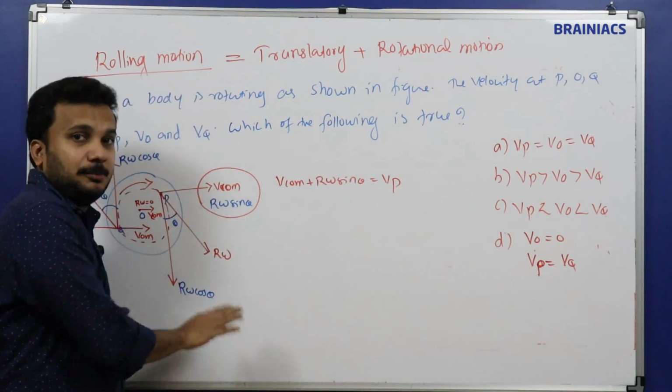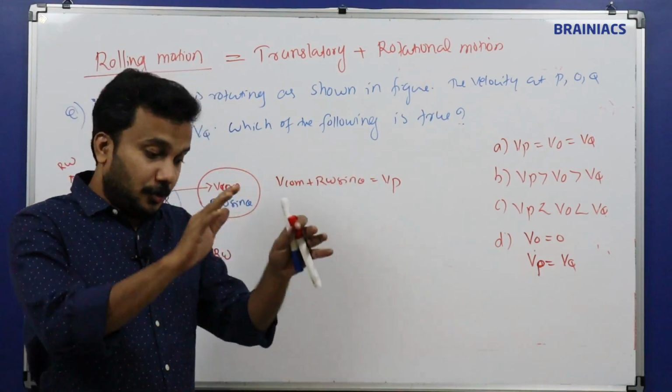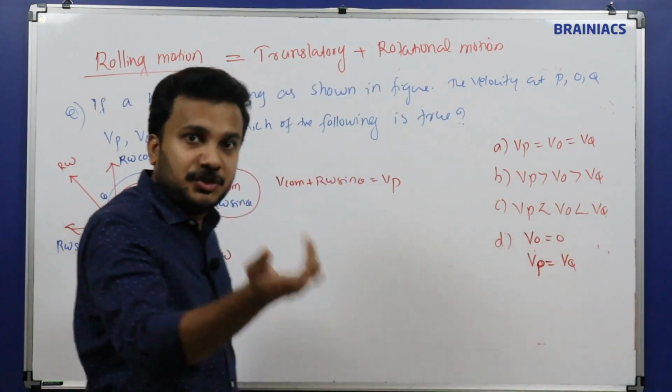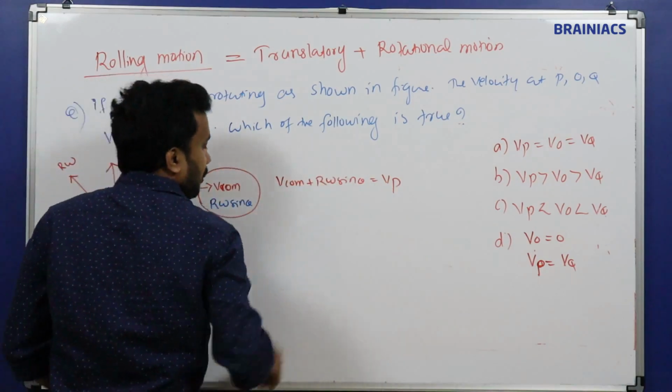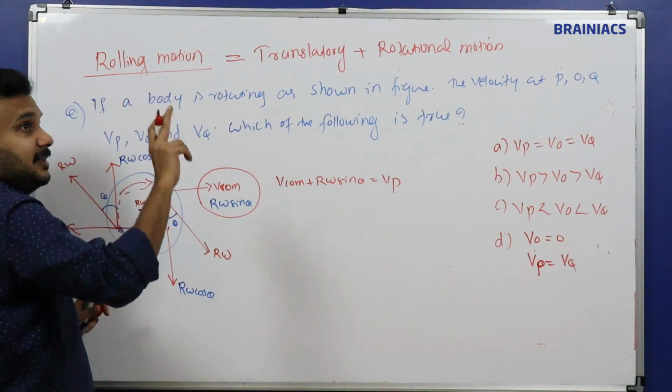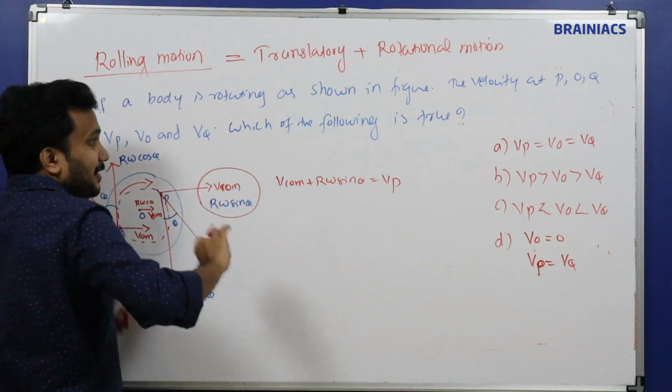There is a vertical component of velocity, I agree, but the block is not moving in this direction, right? The block is moving in this direction. So I am interested in this horizontal component. So that's clear. So what is at the center? I told you at the center there is no rotation, only translatory motion.